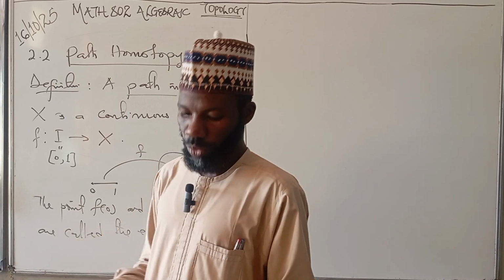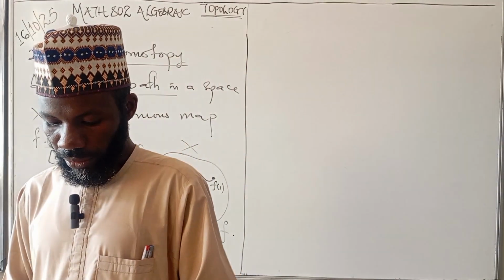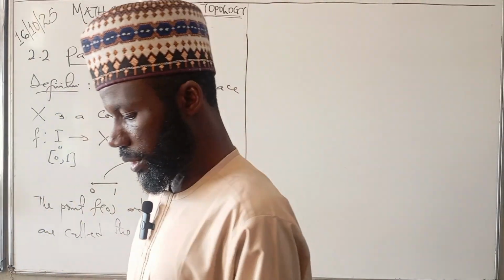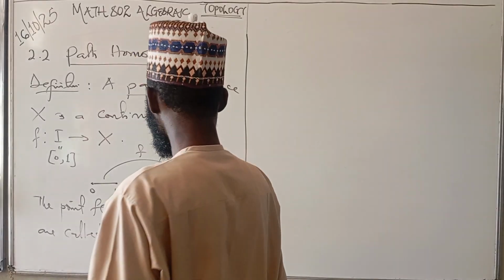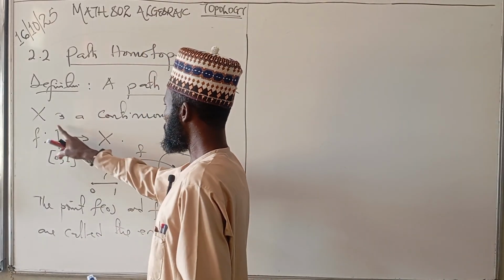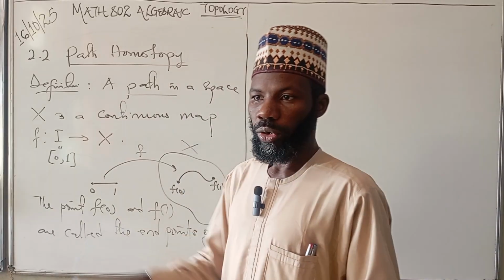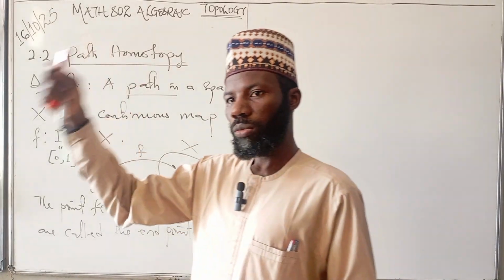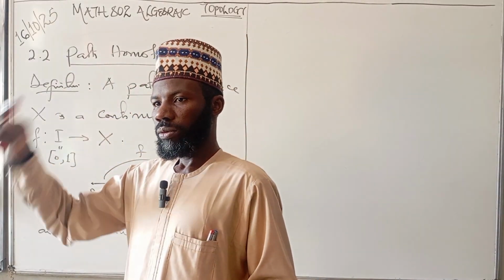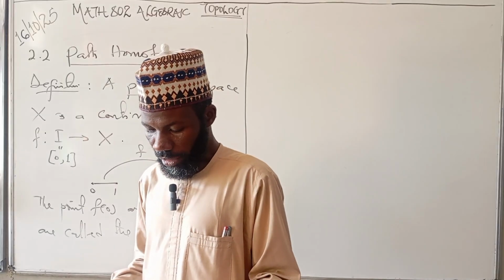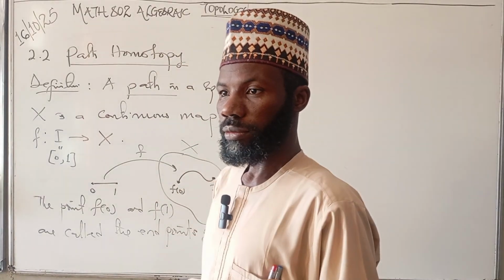And then we say they are homotopic. But path homotopy differs a little bit in the sense that to define the homotopy of paths, it has to be relative to the endpoint. So it's actually the homotopy we defined in the last lecture, but relative to the endpoint.